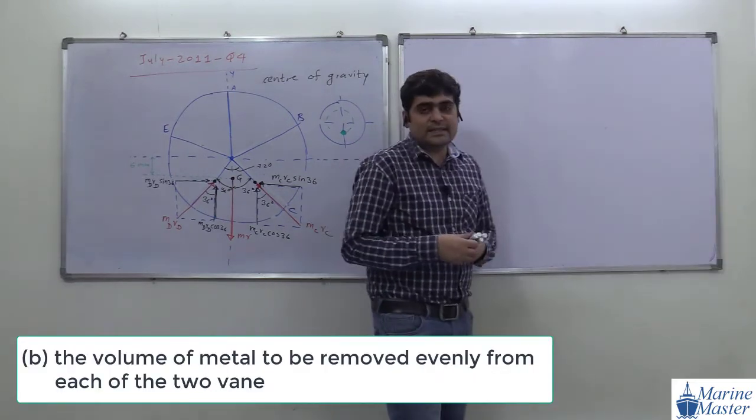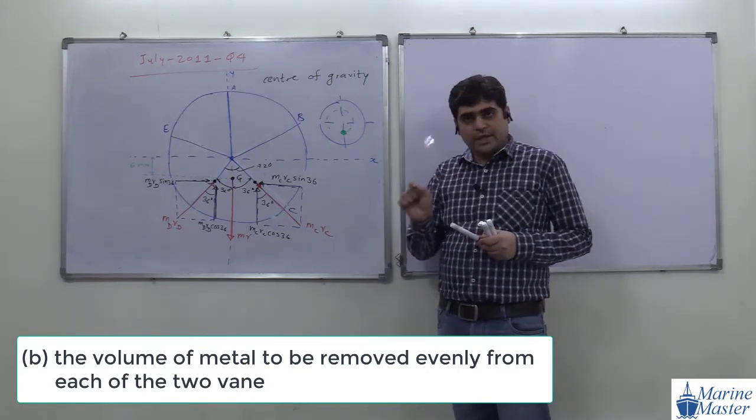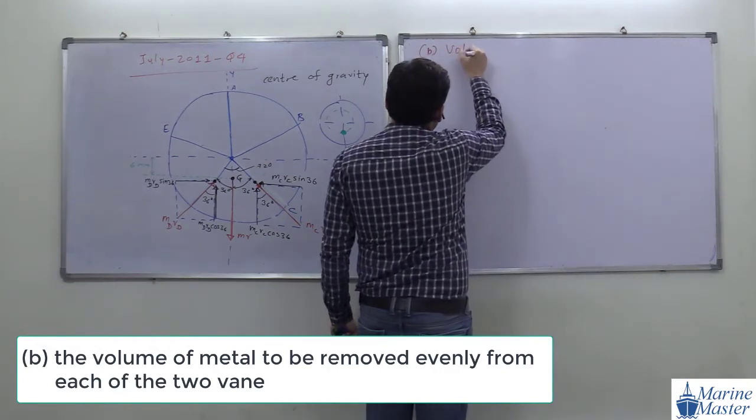Now what are they asking us in the B part, guys? Volume of metal removed from each of the two veins. Okay, what are they asking us in the B part?